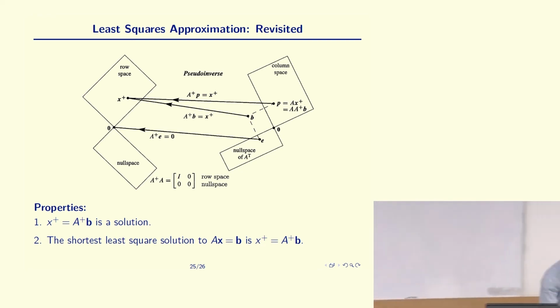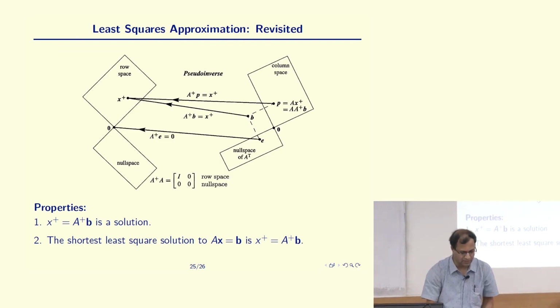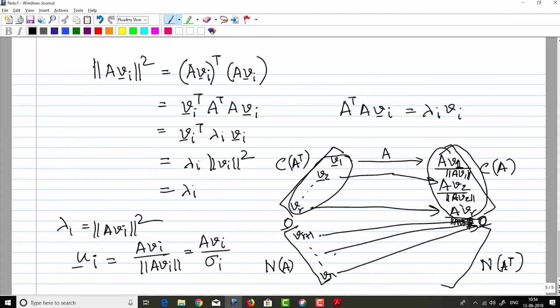So now that solution will not come in the row space or the null space. In general, it will come outside this. One will be the projection, X plus, and another one will come from the null space component.